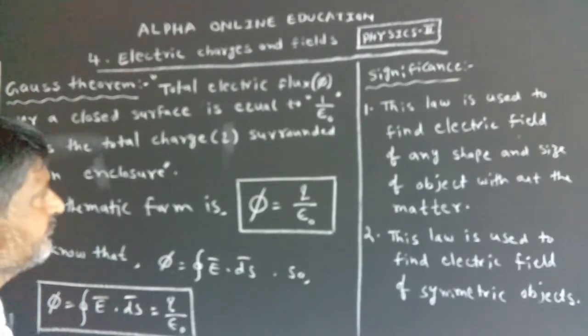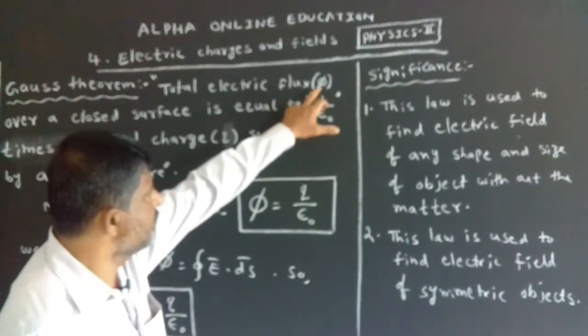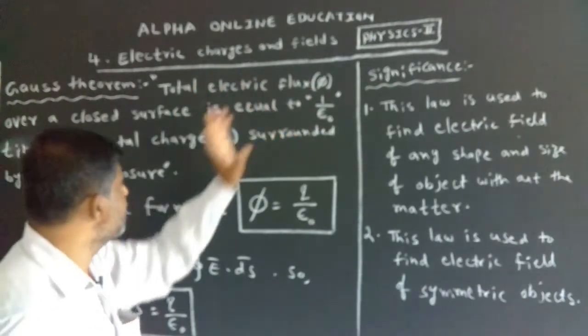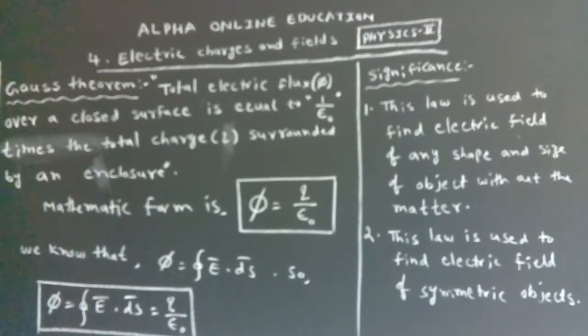Total electric flux. What is the symbol for flux? Phi. Total electric flux over a closed surface is equal to 1 by epsilon naught times the total charge surrounded by an enclosure.